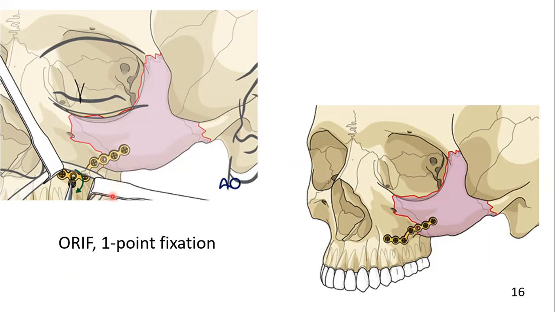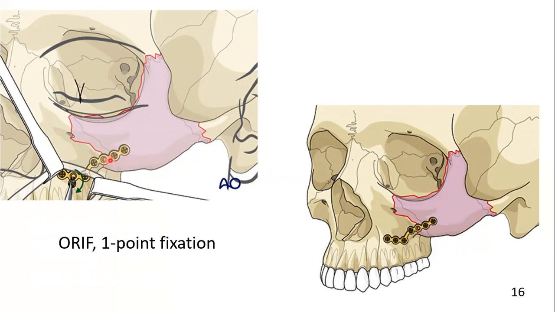Second important thing is this is the most difficult plate to properly adapt in a zygoma fracture. So it is important that the leg of the L plate be placed on the most lateral portion of the lateral maxillary buttress, where fairly thick bone is available.